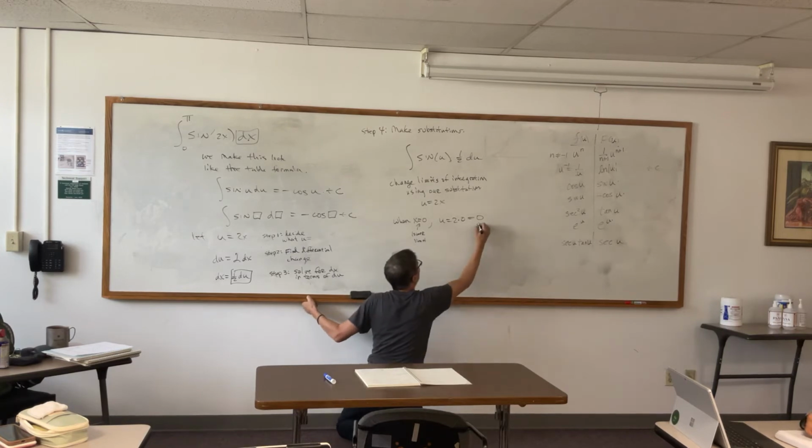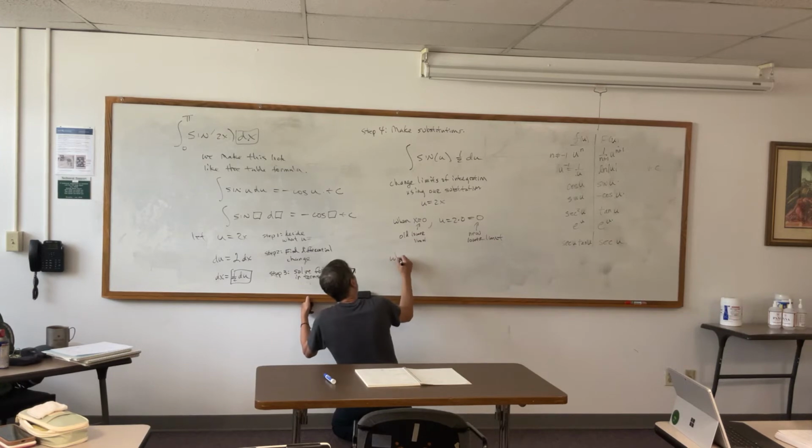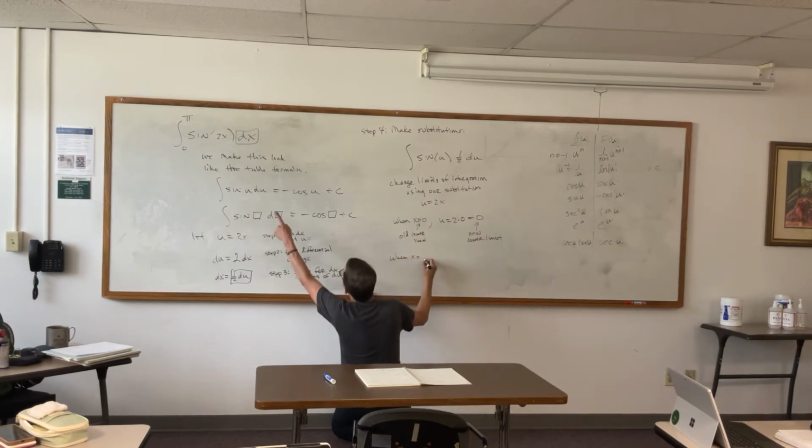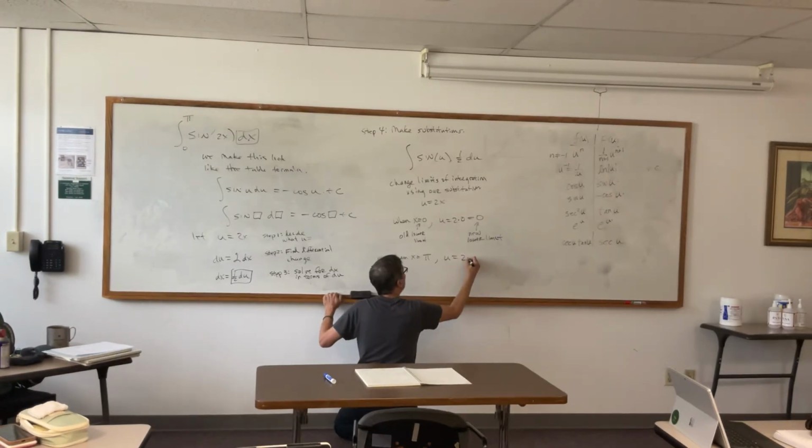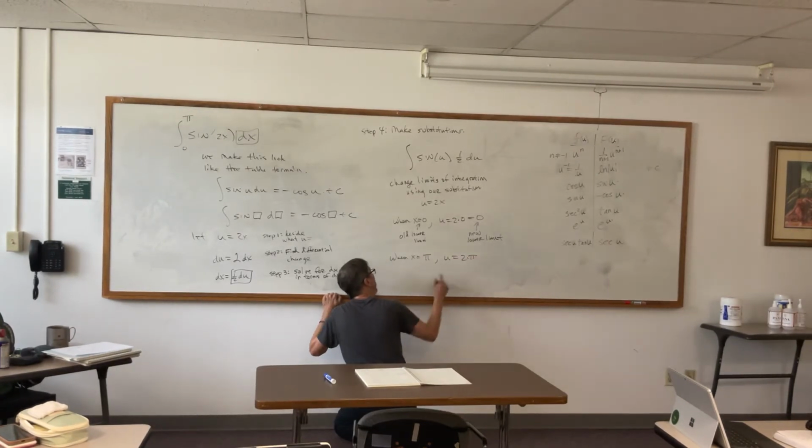So this is my new lower limit. This is the old lower limit. This is the new lower limit. When x equals pi, u equals 2 pi. That's my new upper limit.